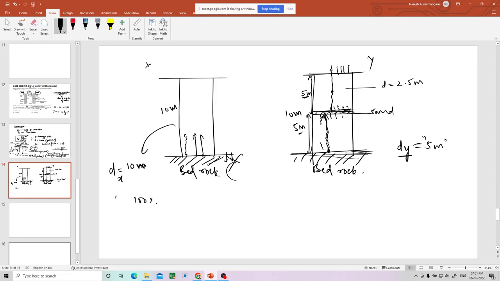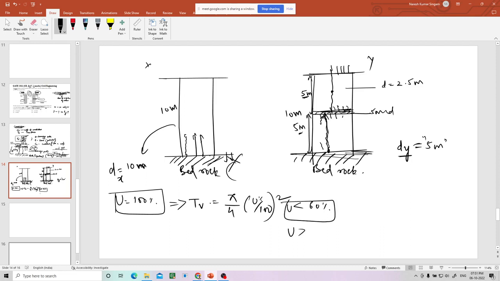Now primary consolidation is 100%. Whenever consolidation U is constant for both, that means Tv is nothing but pi by 4 into (U by 100, in percentage) whole square, if it is less than 60%. If U is greater than 60%, I have given the empirical formula. Anyway, if U is constant in both, Tv is also constant for both sides.